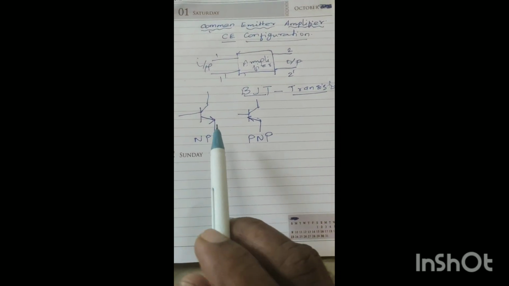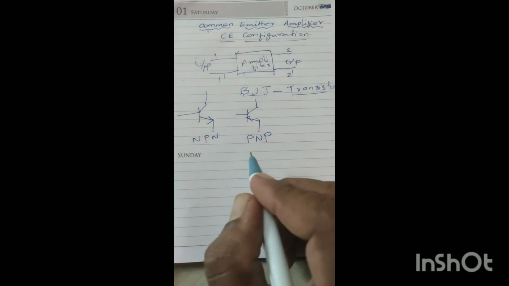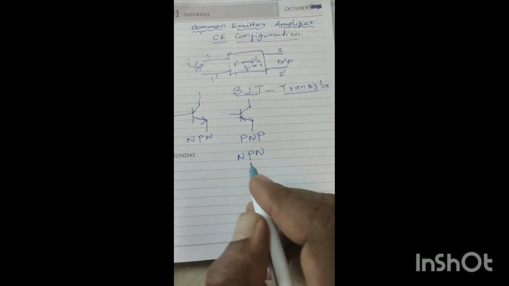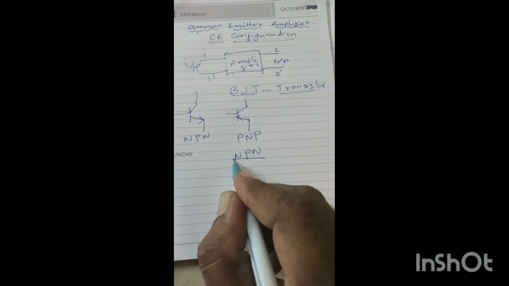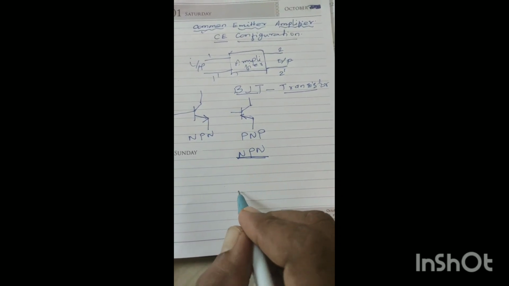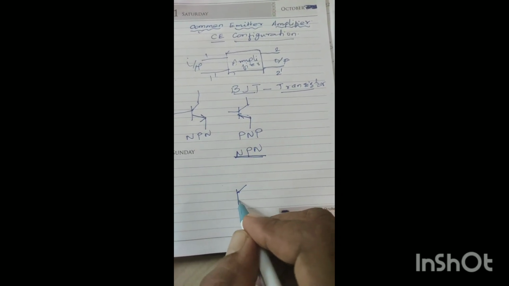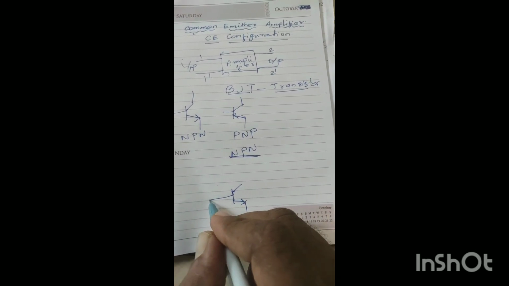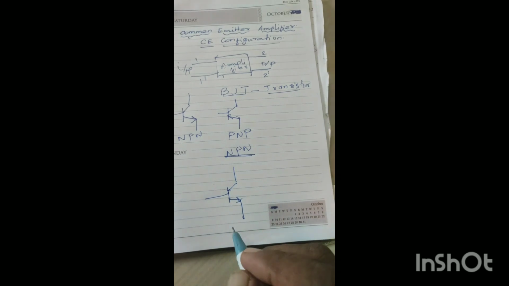In this video we discuss about NPN transistor. The next video we can discuss about PNP transistor. In the NPN transistor we keep emitter as the common terminal for input and output.